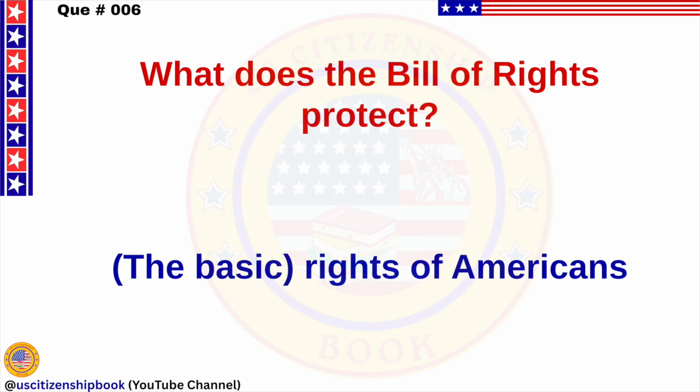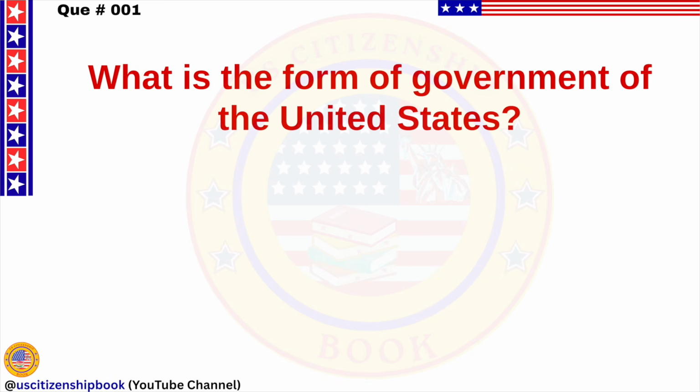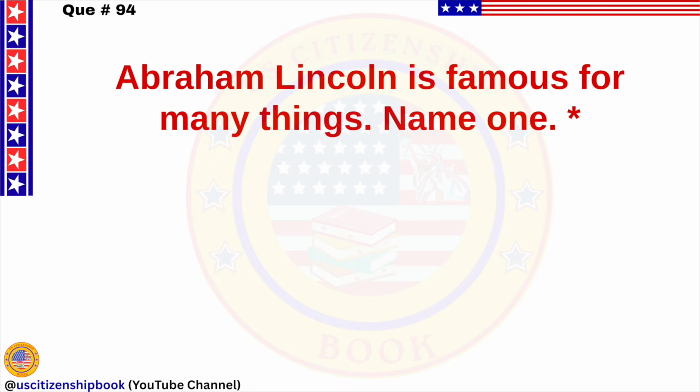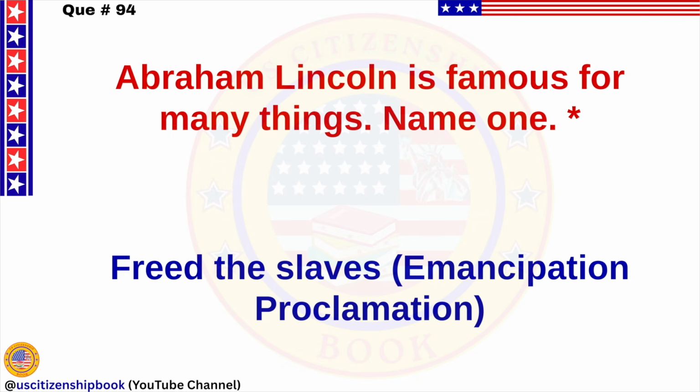The basic rights of Americans. What is the form of government of the United States? Republic. Abraham Lincoln is famous for many things. Name one. Freed the slaves. Emancipation Proclamation.